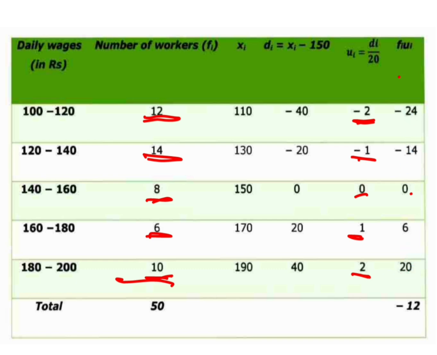Minus 38 plus 26. So we will get the minus value bigger one. So 38 minus 26 equals 12. So minus is big, so the answer is minus 12. The sum of f_i u_i is equal to minus 12.